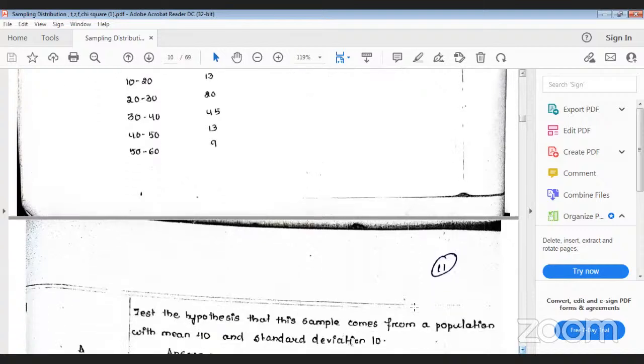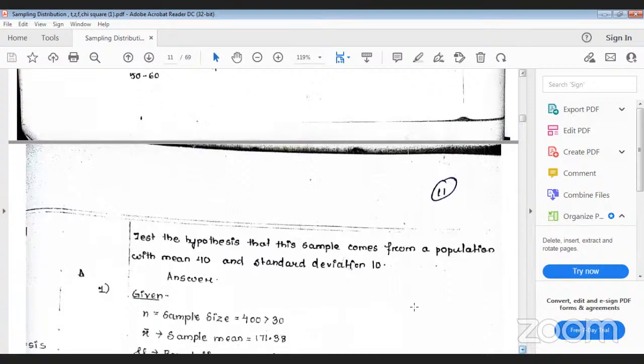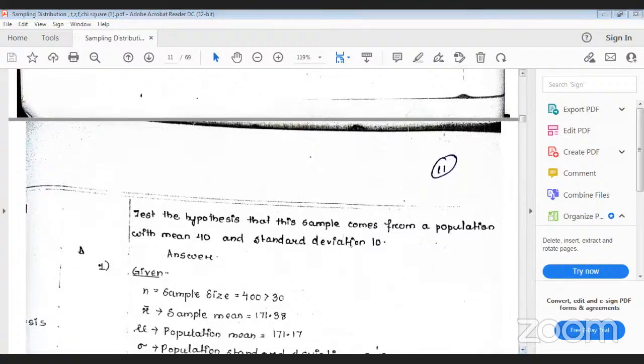Test the hypothesis that this sample comes from a normal population with mean 40 and standard deviation 10. The population mean is given as 40 and the population standard deviation as 10. So by using this we have to solve the problem.